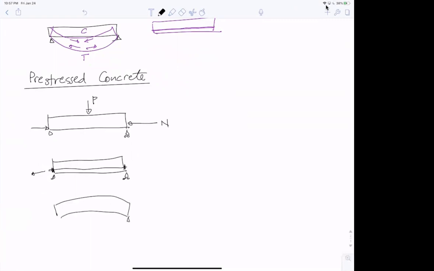So it wants to do that because you've got this pre-stressing force here. Now when you load it, it's possible to have the bottom not be in tension because this load N will overcome this load W. So that's pre-stressed concrete. So these three things together make structural concrete.